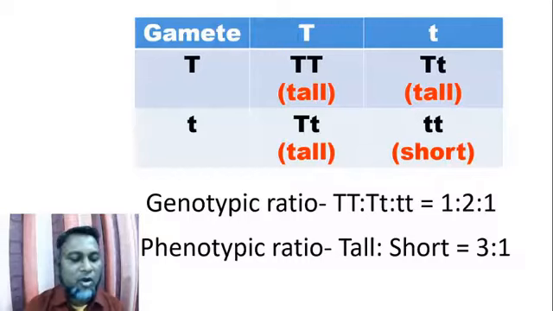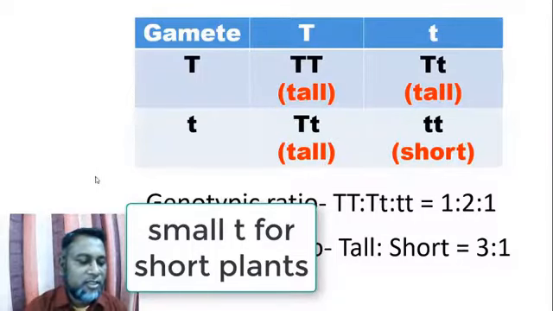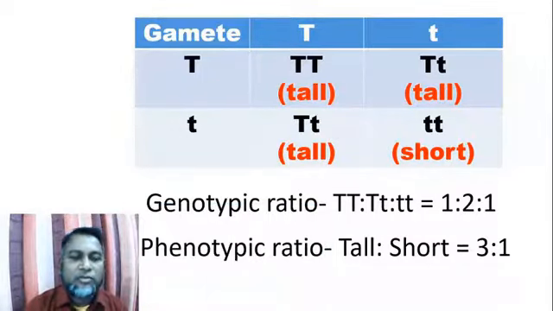This ratio is found because two opposite characters, capital T for tall plants and small t for short plants, two opposite factors or alleles or genes, can separate from each other during gamete formation. This is the explanation of Mendel's first law.